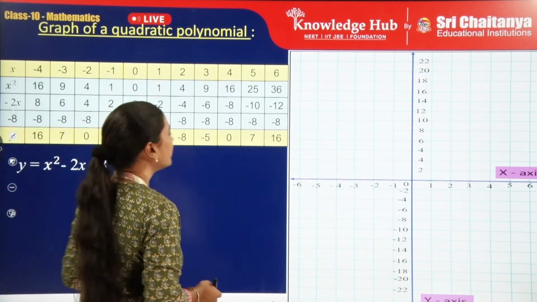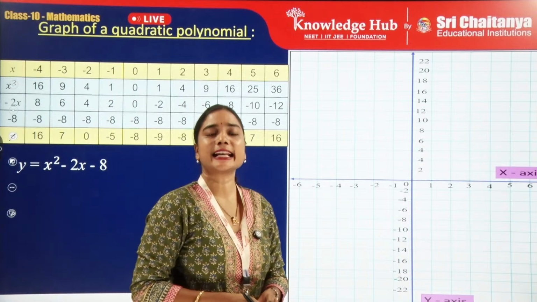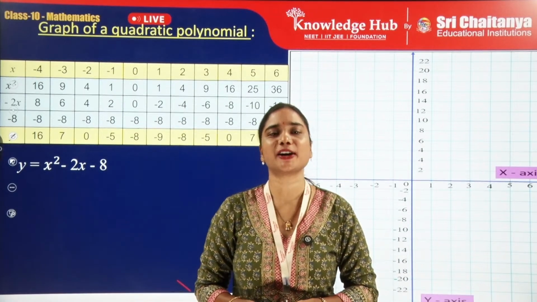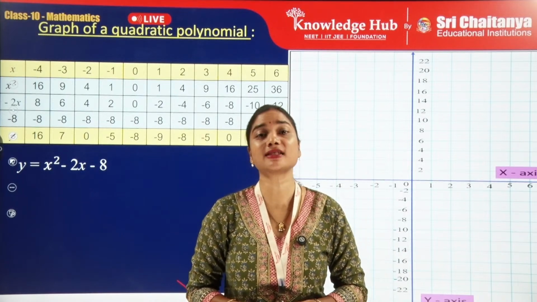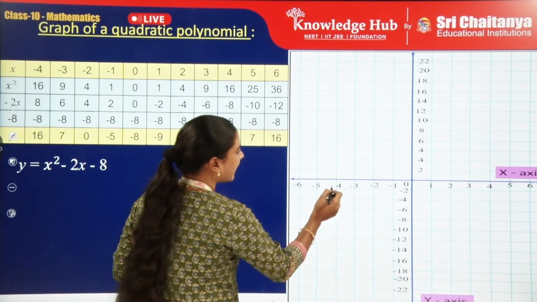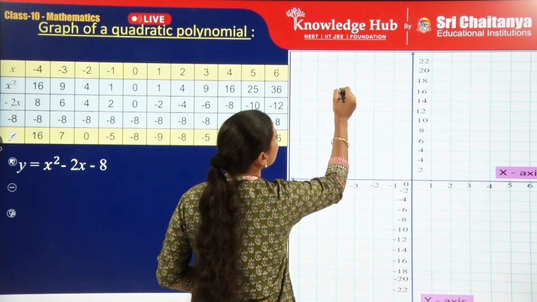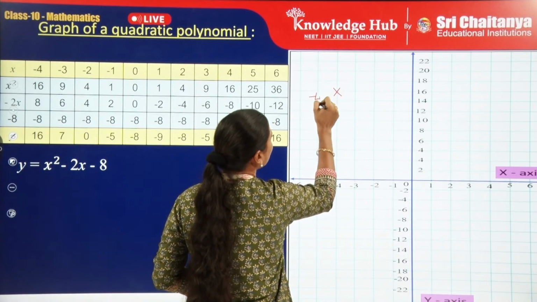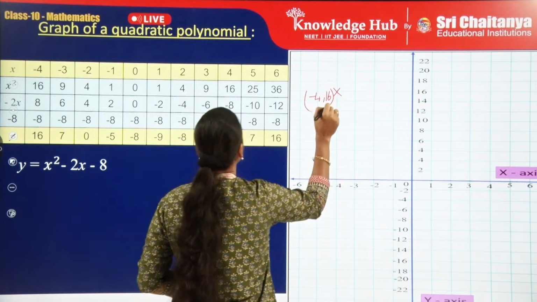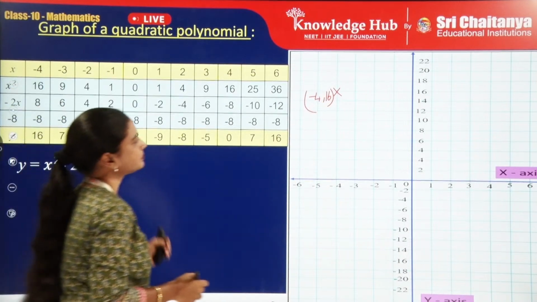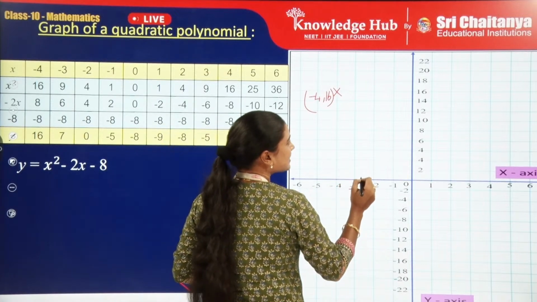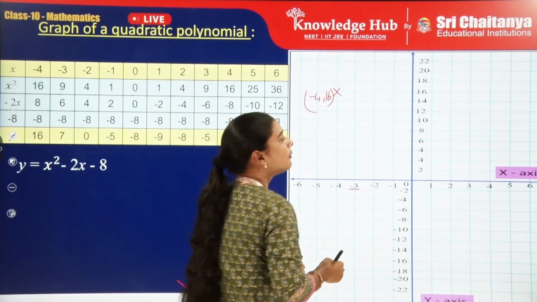So -4, 16. On the x-axis we have to take -4, and on the y-axis we have to note down +16. So this is -4 and this is 16. The next point was -3 and 7. -3 on the x-axis, 7 on the y-axis.